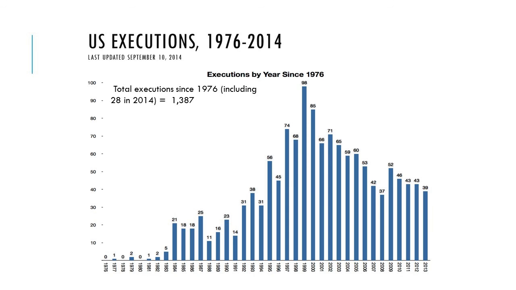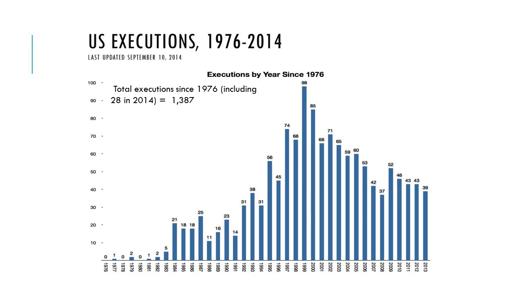We see on the next slide a similar representation in terms of the number of executions carried out each year. It rises with the population, sort of peaks in the late 90s, and then goes down and sort of levels back out again.